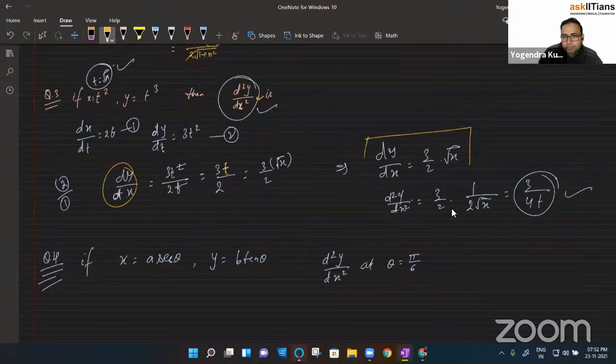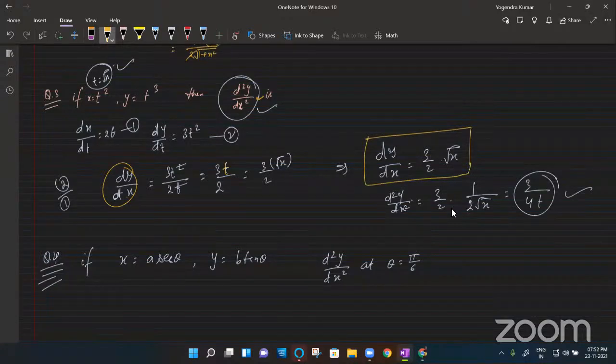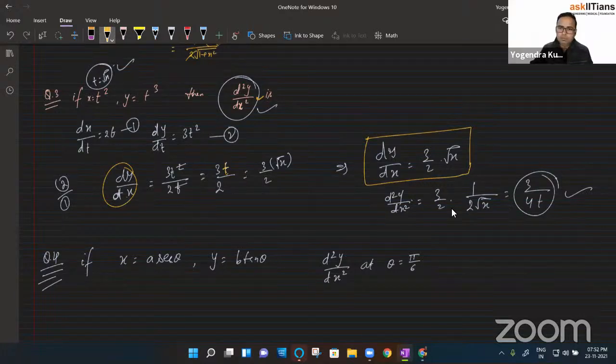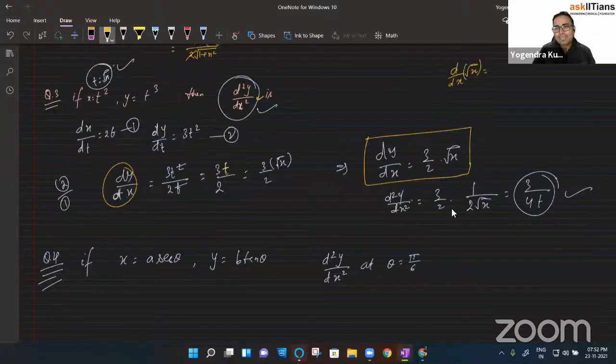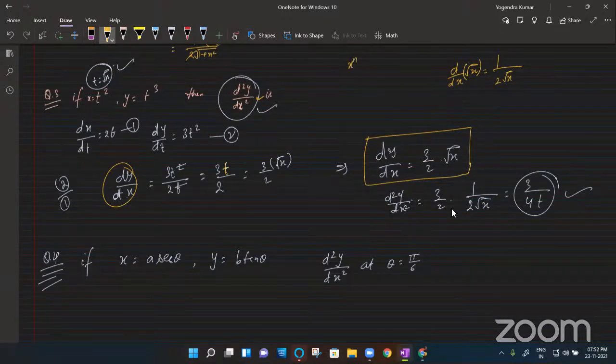Not getting this? Say dy by dx is equal to 3 by 2 root x. Then how does root x become 2 root x, sir? I just said above also. How is it becoming 1 by 2 root x? That's what you're asking. X raised to n, what is the formula?